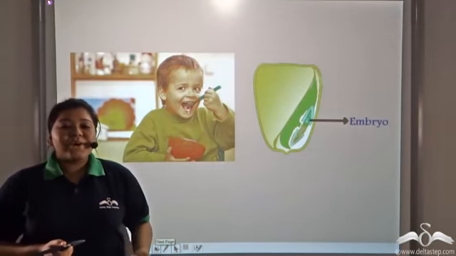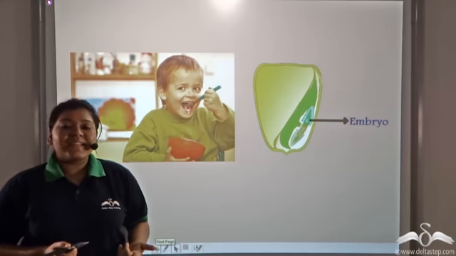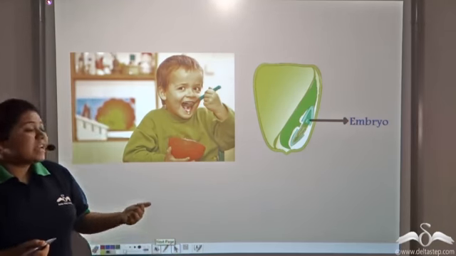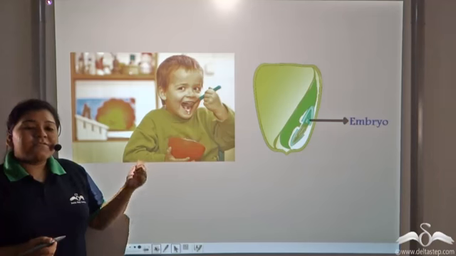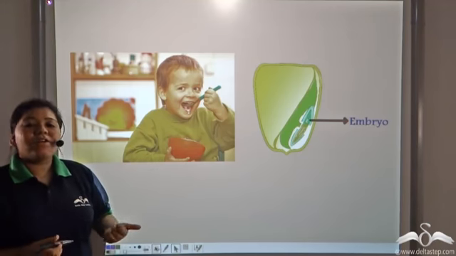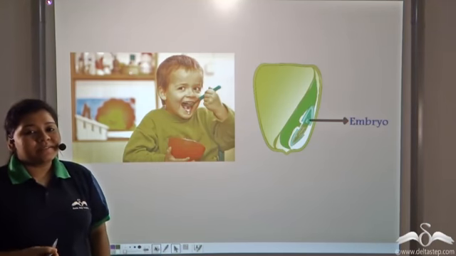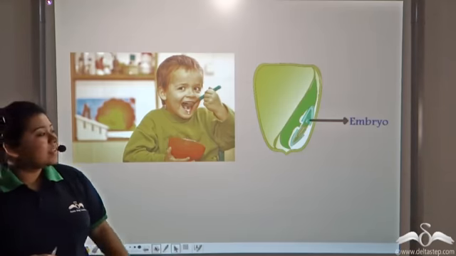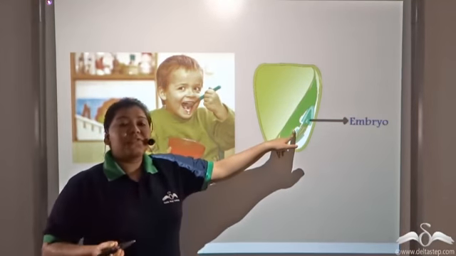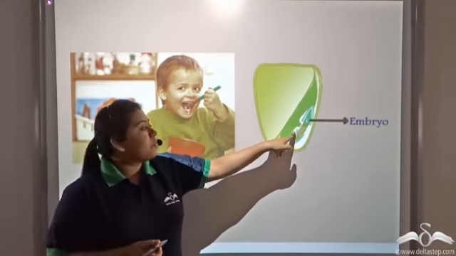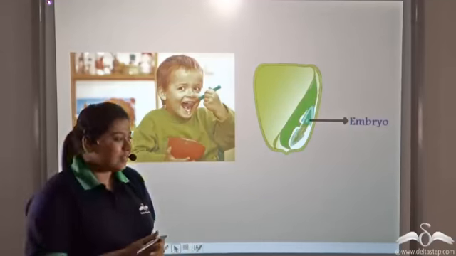The second priority for survival is food. Whenever we feel hungry, we go to our mother or we find food at home. Similarly, the embryo gets food and nourishment from the seed itself.